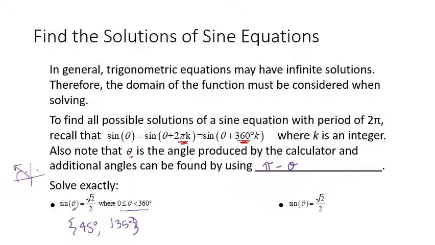So now if we're generalizing that, we would write it as theta is 45 degrees plus 360 k, and theta is 135 degrees plus 360 k, where k is an integer.